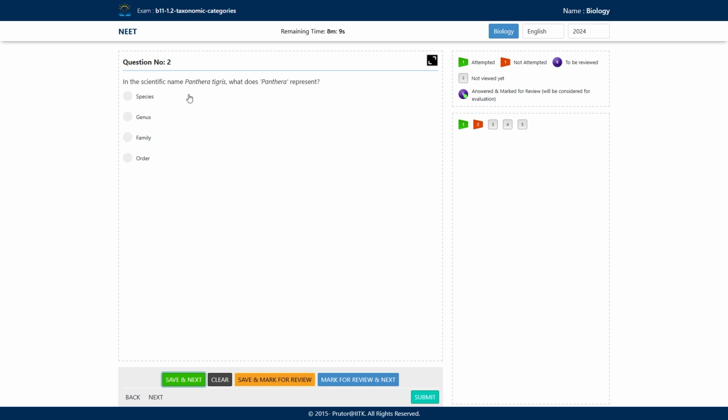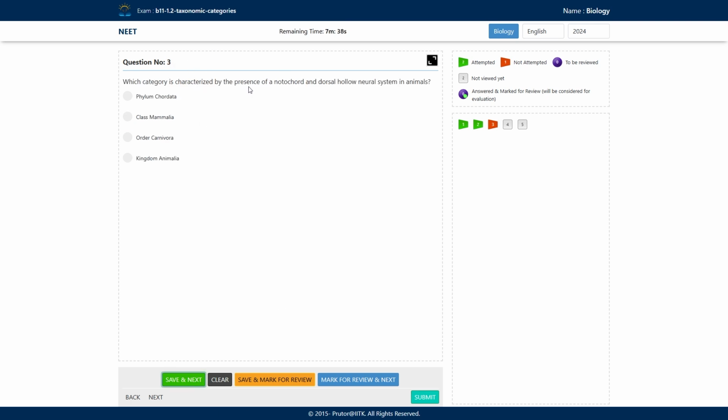The options are: A is species, B is genus, C is family, and D is order. The correct answer here is genus. Panthera represents the genus.